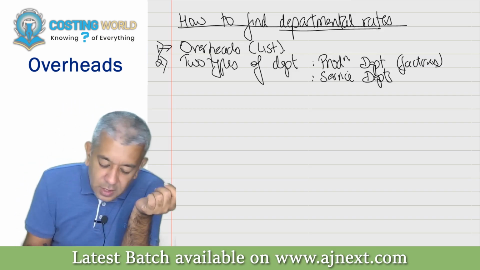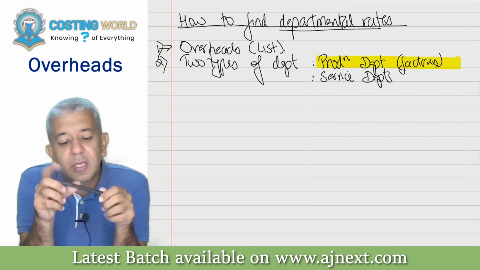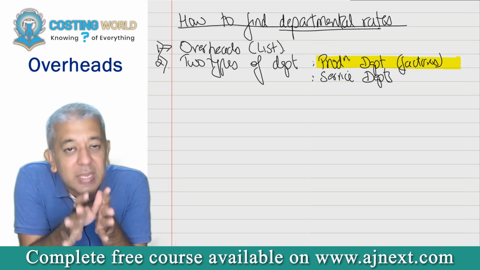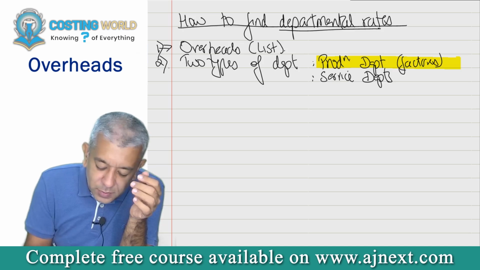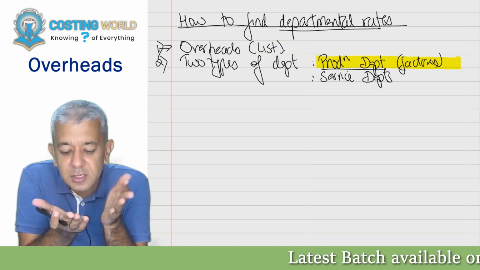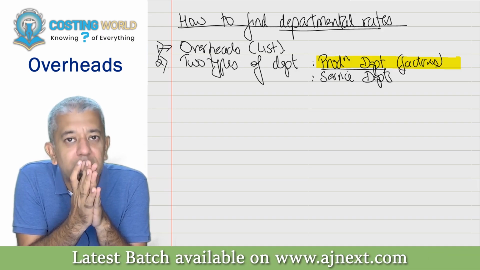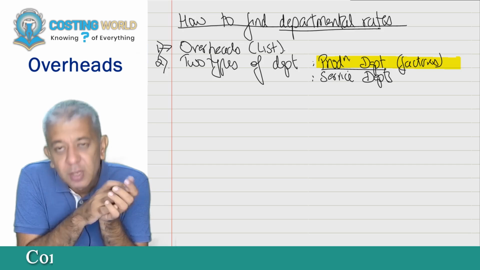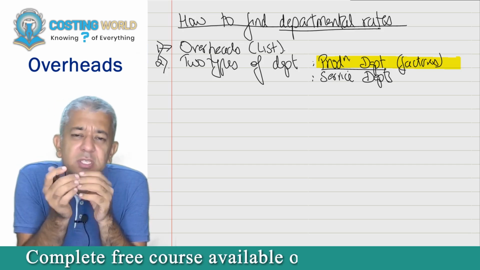Examples. A company is making these styluses. Wherever this stylus will be made, those particular departments will be called production departments. Then what do you mean by service departments? Service departments are those particular departments which will not produce any goods but will just provide the services.